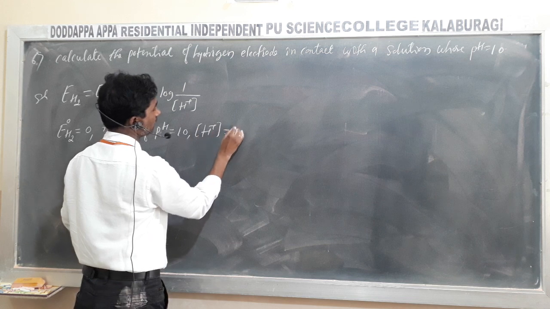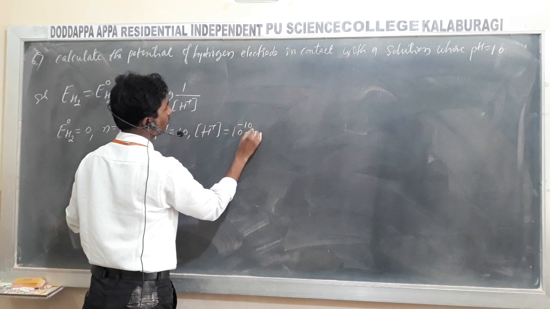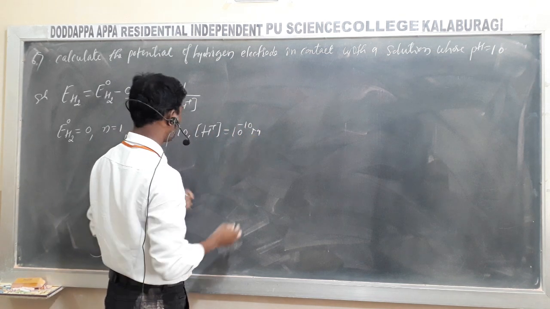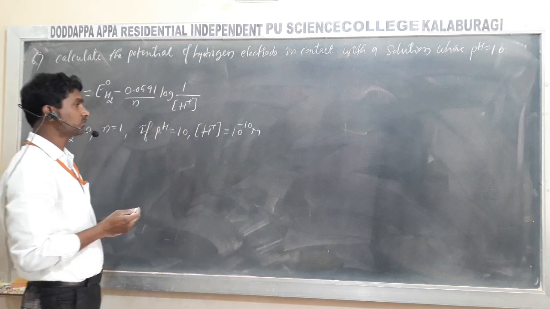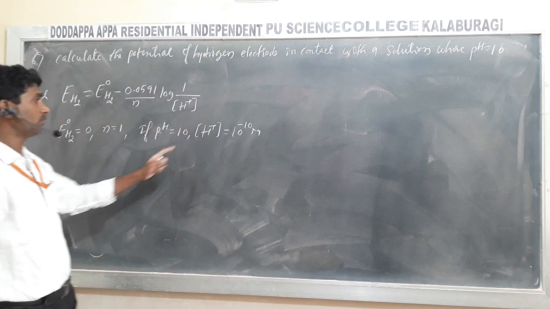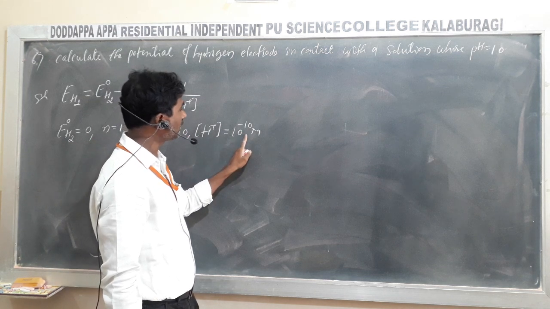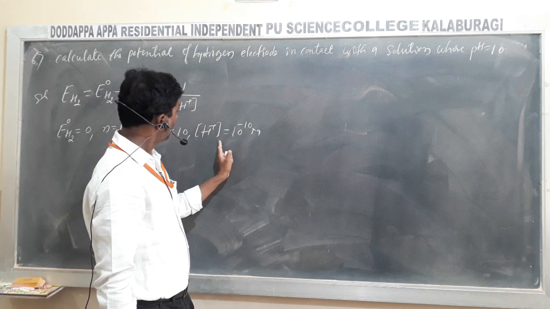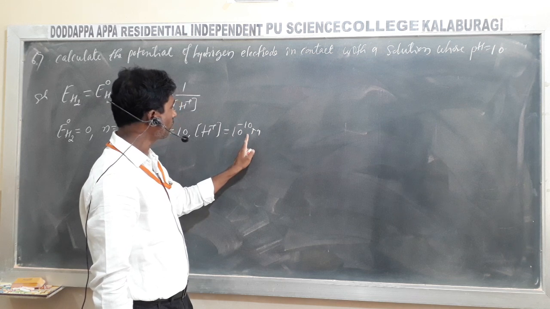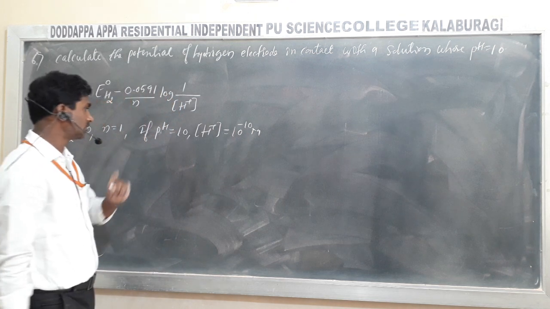H plus ion concentration is 10 to the power of minus 10. This type of problem we have already studied in PUC first year, in the topic chemical equilibrium. If pH is 10, H plus ion concentration is 10 to the power of minus 10.